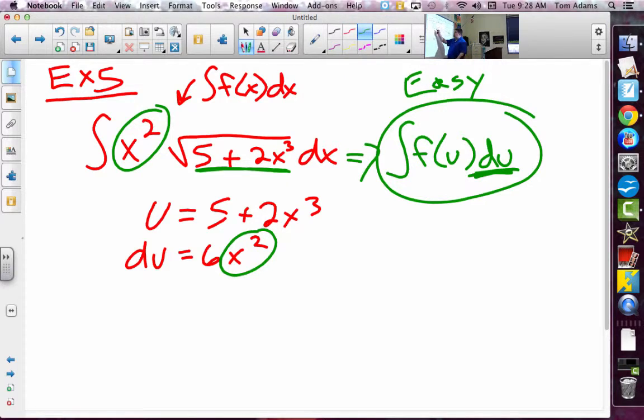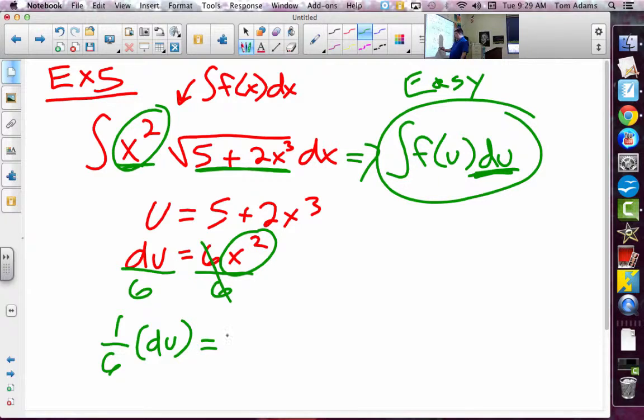Well, I'm trying to substitute this x squared, but what do I have? 6x squared. So if I take this and divide by 6, and this is why Leibniz notation is a little easier to use, these cancel and I get x squared is equal to du over 6, or 1/6 times du is equal to x squared.